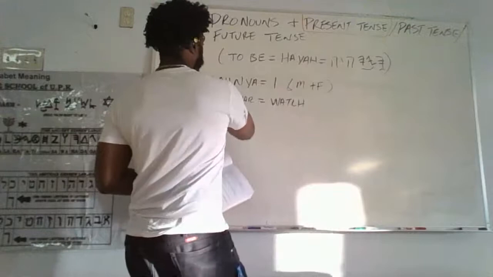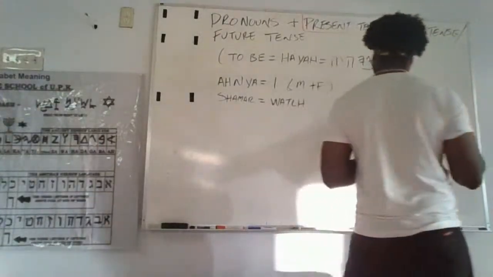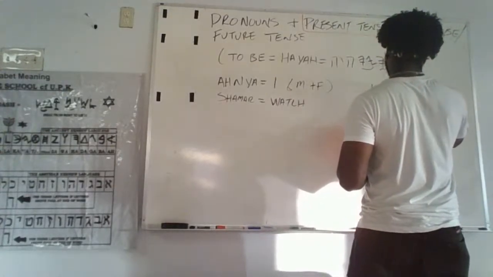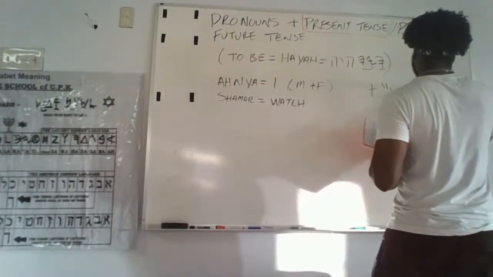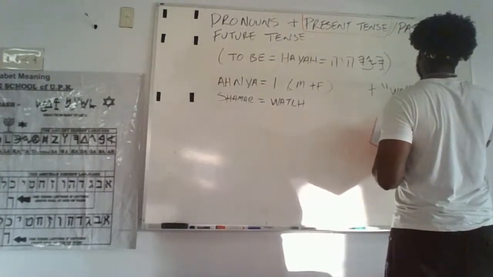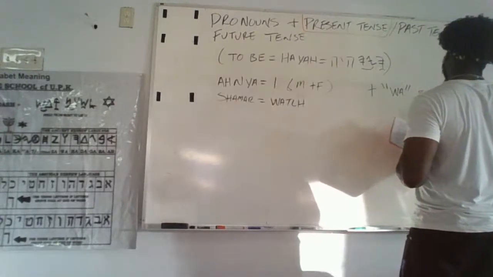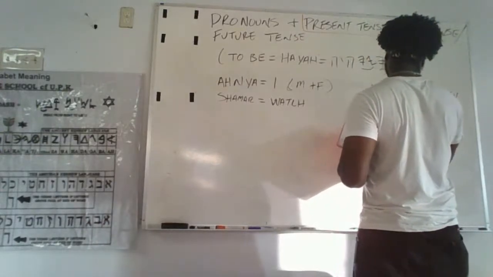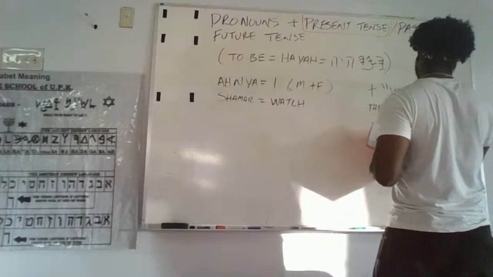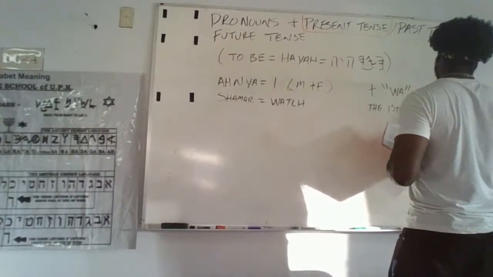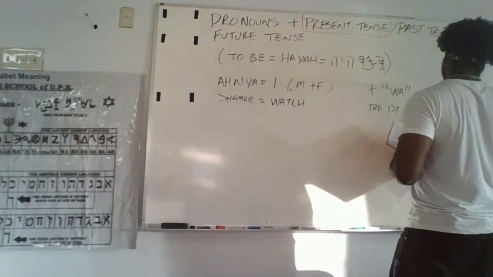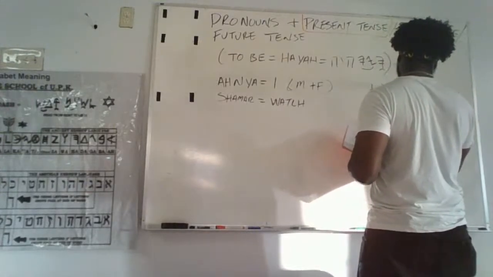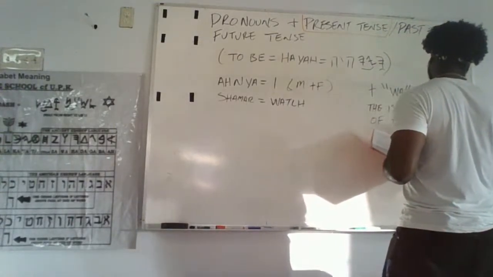Right. Now, when you're dealing with Anya, the rule is you add a wa between the first and second letter of the root word.